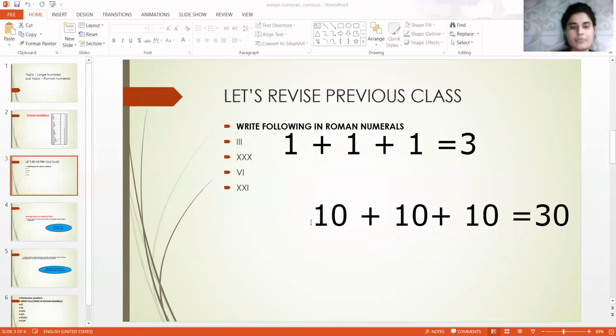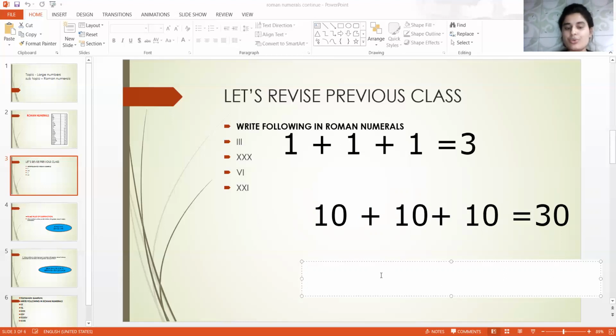Okay, children. Next example is V and then I. So V represents 5 and I represents 1.